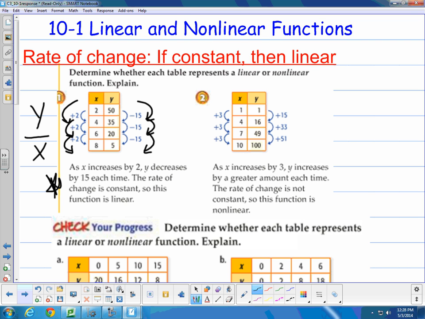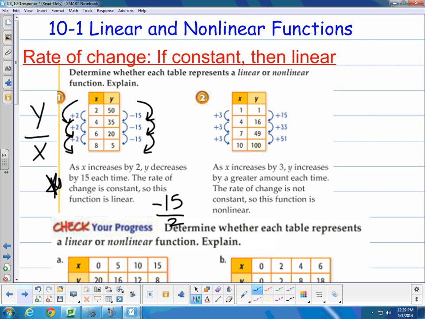And it says as x increases by 2, y decreases by 15 each time. The rate of change is constant, so this function is linear. So every time we're going to see a change of negative 15 over 2. So if we did a graph of this, that's what our slope would look like. Therefore, it is a linear function, meaning it is a straight line graph.